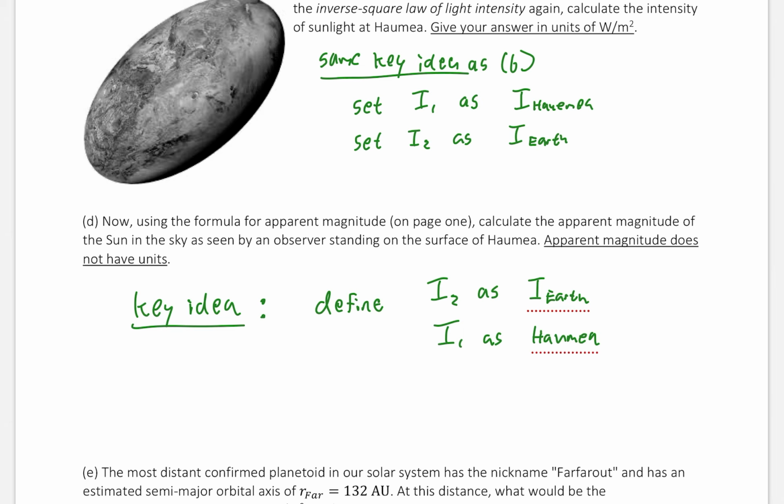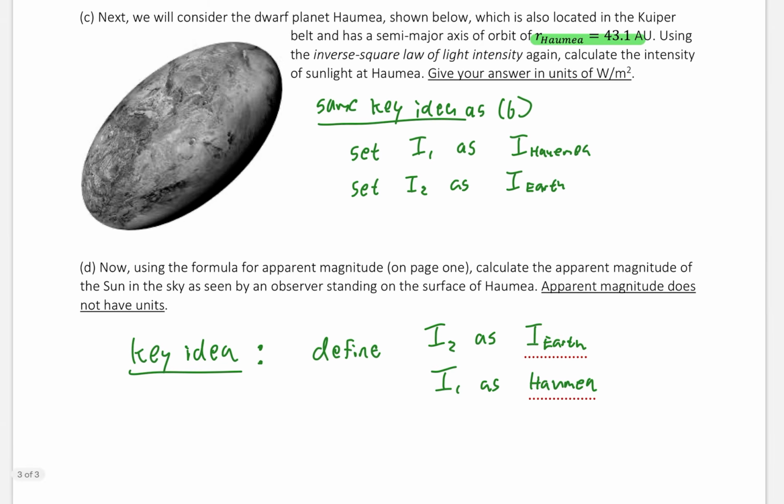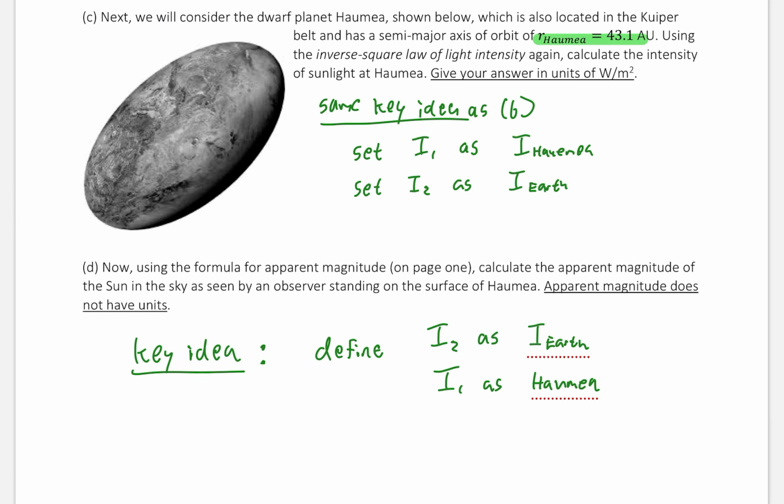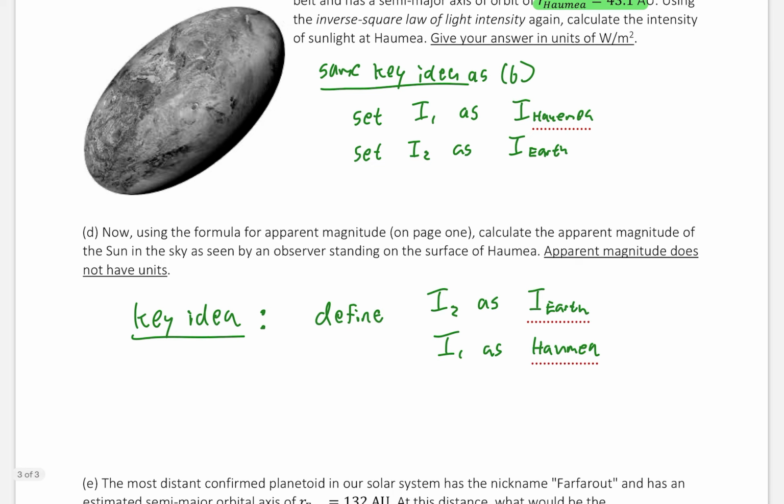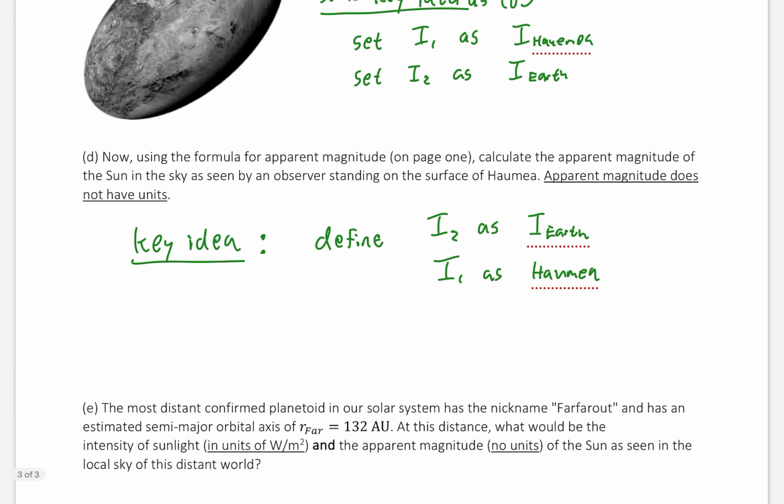Okay, and we already know both those values because we actually just found I1 in the previous part, in part C. And then we're going to find M1, or rather M2 is what we want to solve for. But first we're going to define the one other thing, which is M2 as M Earth. And you don't see Earth on that figure.